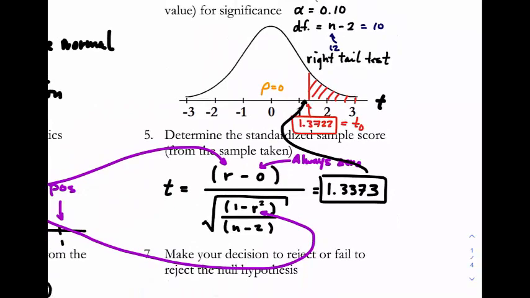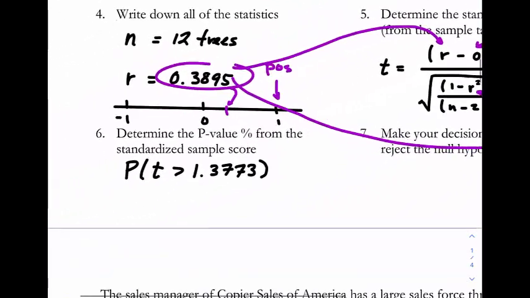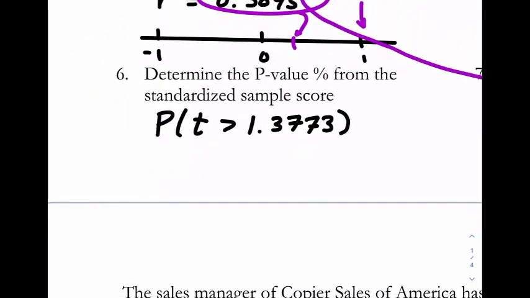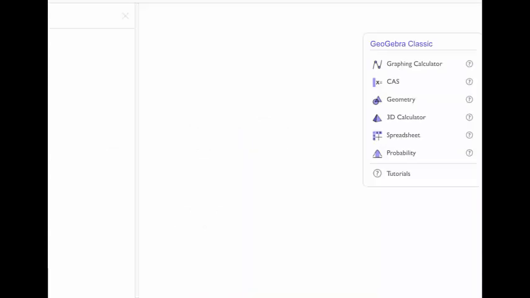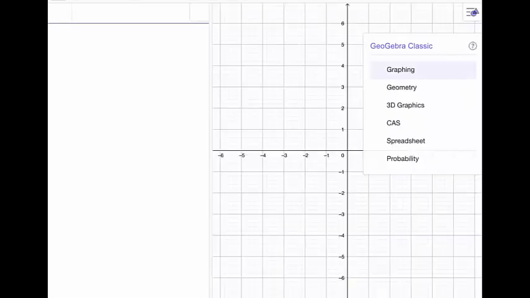So therefore, this is going to be a little more than 10% when we go ahead and find the p-value. So let's jump back over and calculate that. We're here back to GeoGebra. Again, grab that student t. Almost wrapping up this problem here.